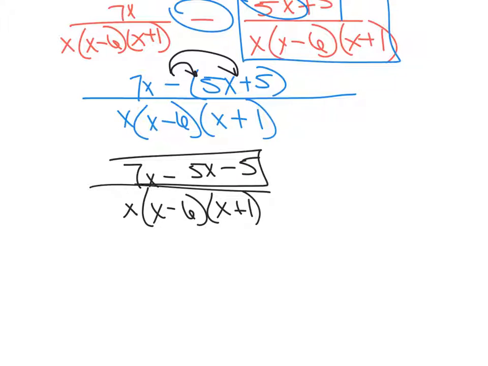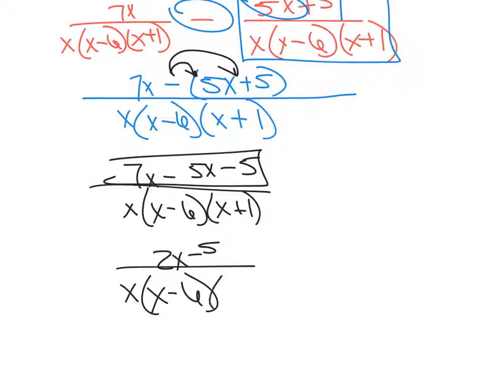Now I can subtract 7x minus 5x and get 2x over. And notice on the bottom we don't really do anything in the denominator position because it's not really a part of the equation. We just found common denominators, and then after we find the common denominator we don't really care about it.